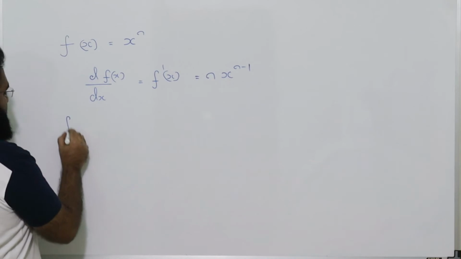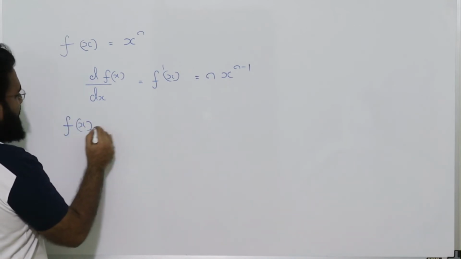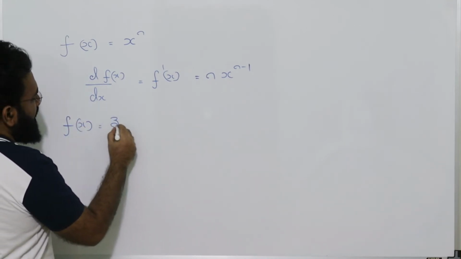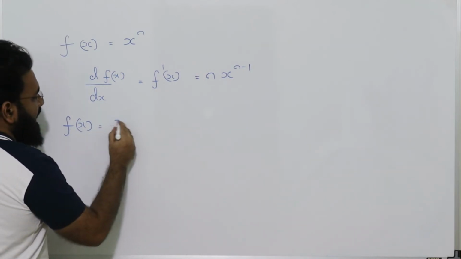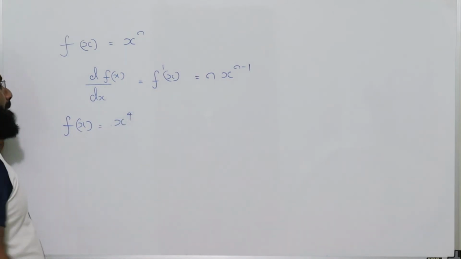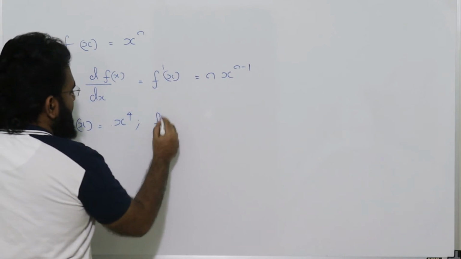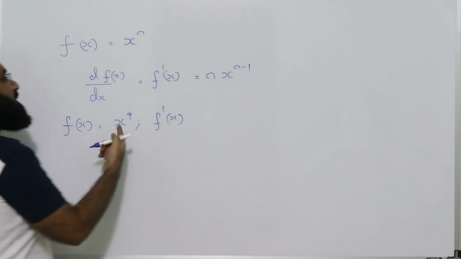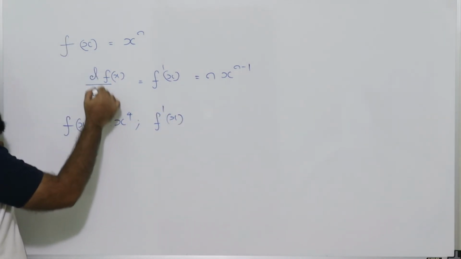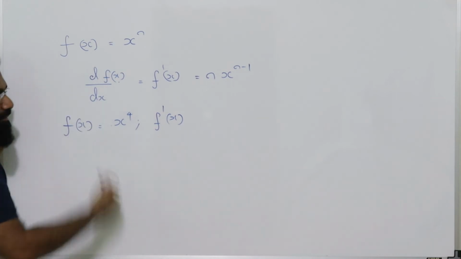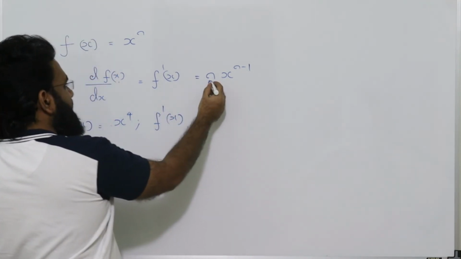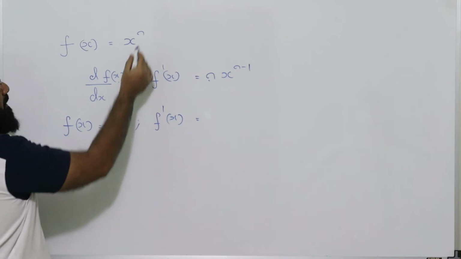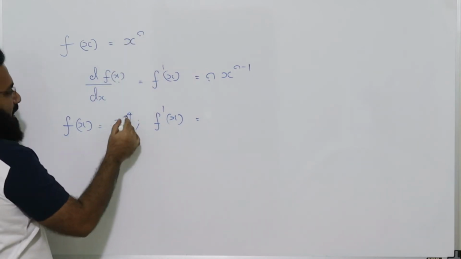Say for example, suppose f of x is equal to x raised to 4. Then f dash of x, the differentiation of that function, is nothing but n, where n is the power of x. Here it is 4.